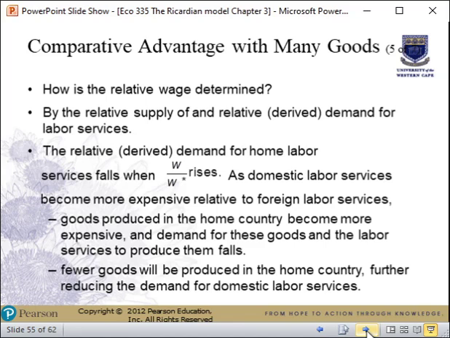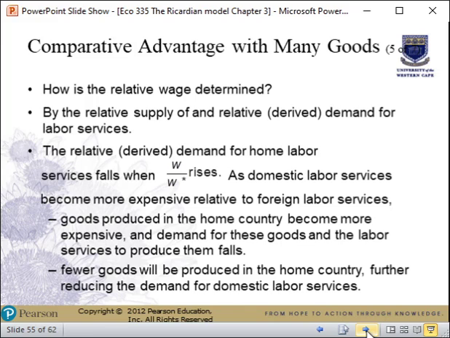Recall for our one-factor model with two goods, we determine the relative wage by first calculating home wages in terms of cheese and foreign wages in terms of wine, and then use the price of cheese relative to that of wine to deduce the ratio of the two countries' wage rate.